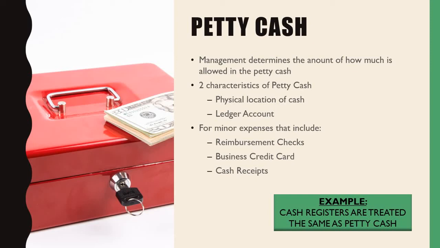But another example that we also want to look at is a cash register, because a cash register functions exactly like a petty cash drawer. Now, there are two features of a petty cash drawer. You actually need a physical lockbox. You don't want a money bag just stored away in some drawer and call that a petty cash box.